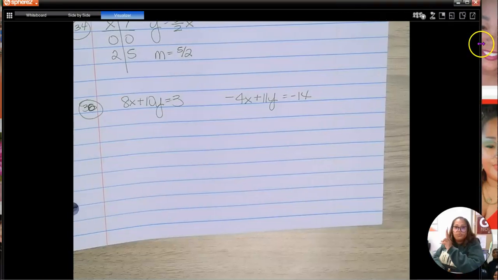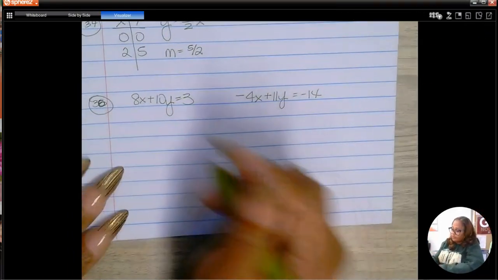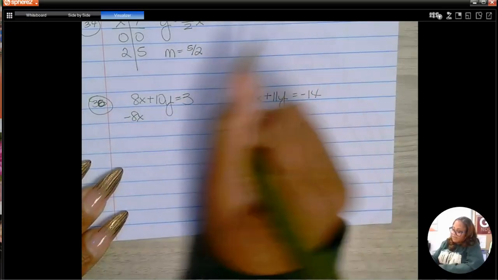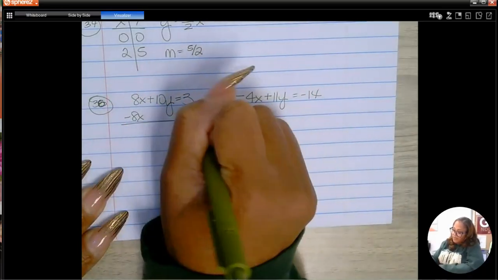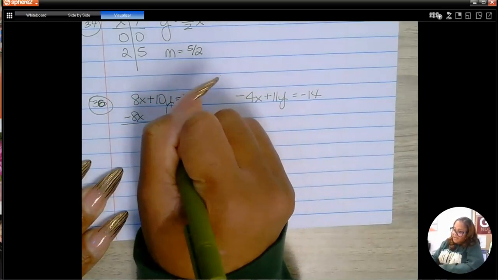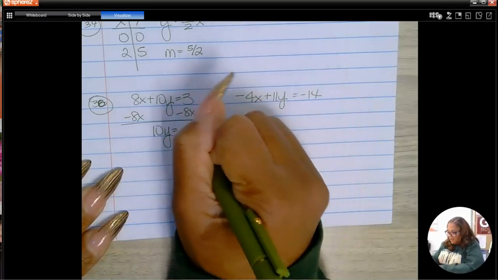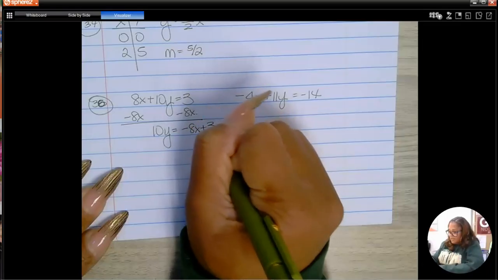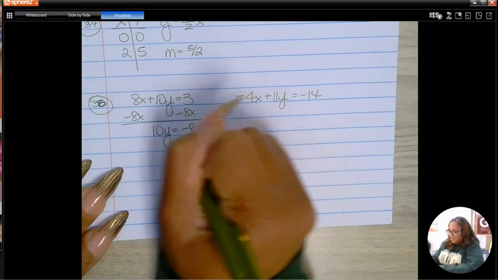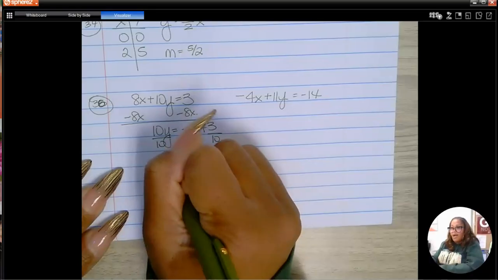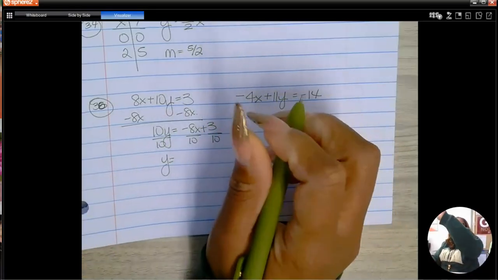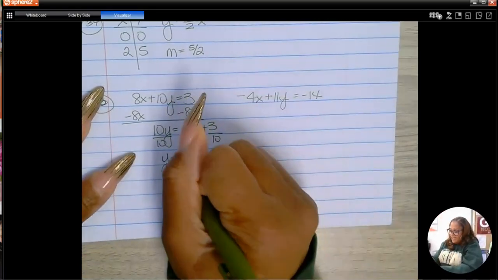So subtract 8x from both sides. 10y comes down, and the 8 is now its opposite, and it's on the other side. Negative 8x plus 3. Divide by 10, divide by 10, divide by 10. Y equals negative 8/10.